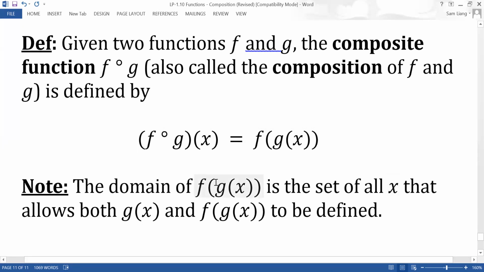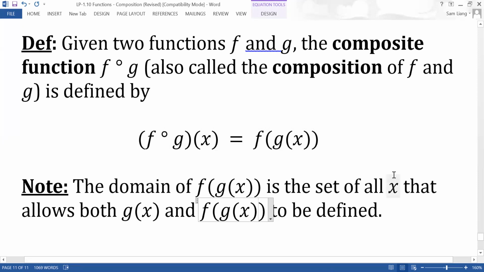The domain of the composition of f and g is the set of all x that allows both g of x and f of g of x to be defined. So we have to find where both g of x, the inside function, and the overall function are defined. That will be the domain.